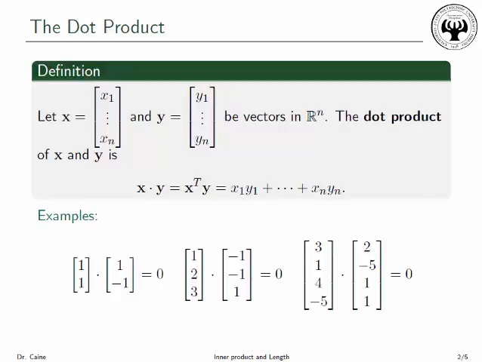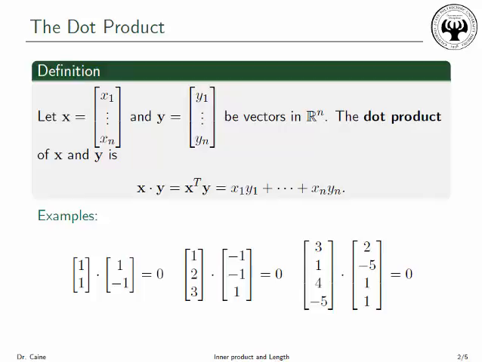Just for some quick examples, if we were to compute the dot product of the vectors 1, 1 and 1, negative 1 in R2, we would see 1 times 1 plus 1 times negative 1 gives us 1 plus negative 1 equals 0. Similarly, if we compute the dot product of the vectors 1, 2, 3 and negative 1, 1 in R3, we would have the first product of 1 and negative 1 would give negative 1, the next product would be negative 2, the final product would be 3.